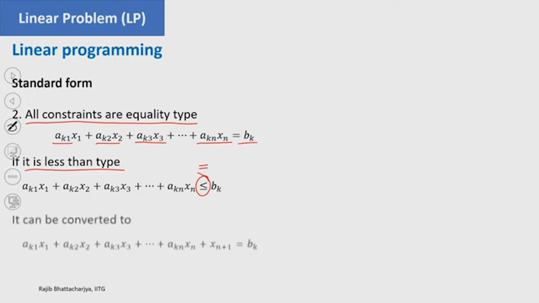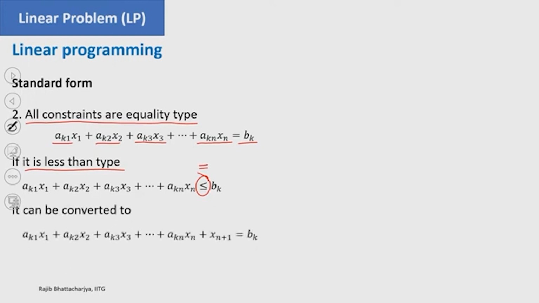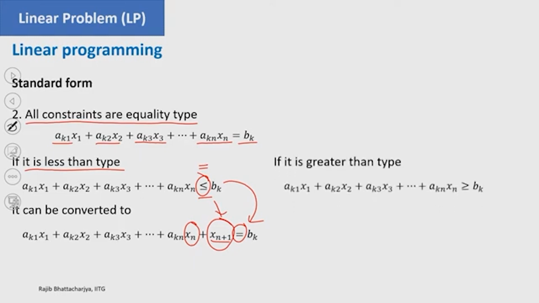It can be converted by adding an extra variable here, and this extra variable is x n+1. We have a total of n variables up to xn, so I am adding another variable in order to make it equal. Now, you see this constraint is an equality type constraint. Earlier it was a less than or equal type constraint, but by adding an extra variable x n+1, we can convert this particular constraint to an equality type constraint.